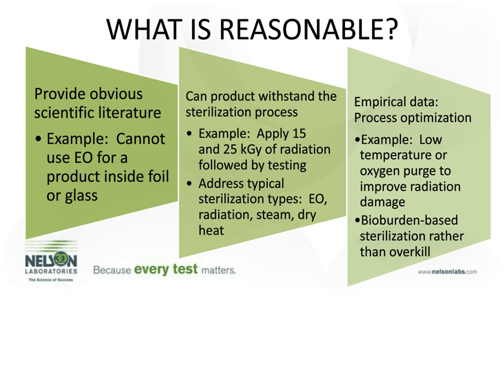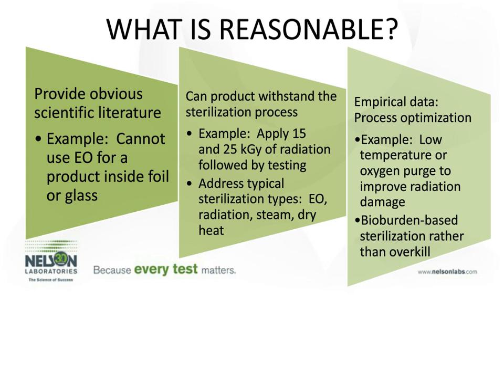Determine if there is any damage to the product, and if you see a significant decrease between 25 and 15, then you may go on and try, say, an 8 or a 10 kilogray dose and see if there's a level that is perfectly acceptable. Take the same approach with the typical sterilization types expected: ethylene oxide, radiation, steam, dry heat.